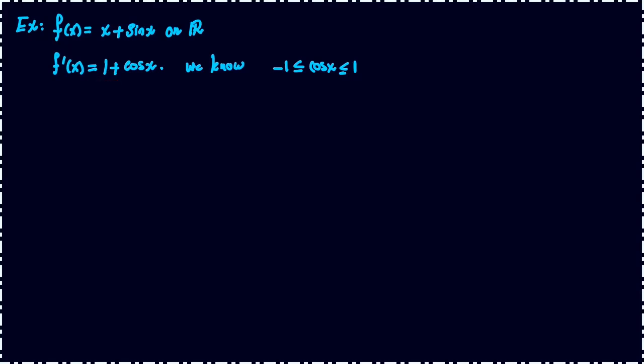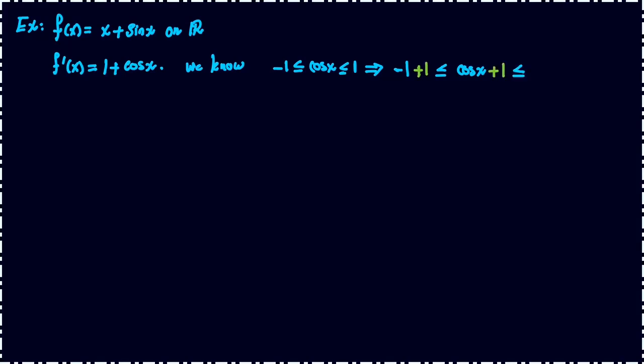So I am going to take this inequality and add 1 to every side of the inequality. So here we have -1 plus 1. The expression in the middle, cosine of x, add 1 to that, so we have cosine of x plus 1.